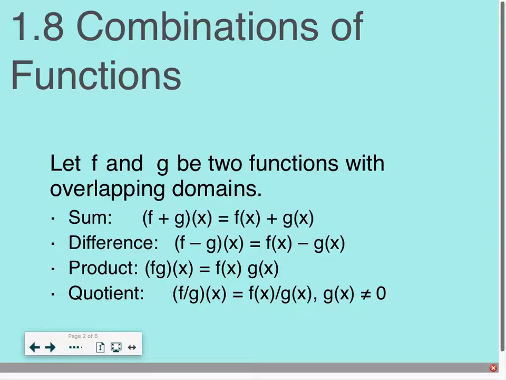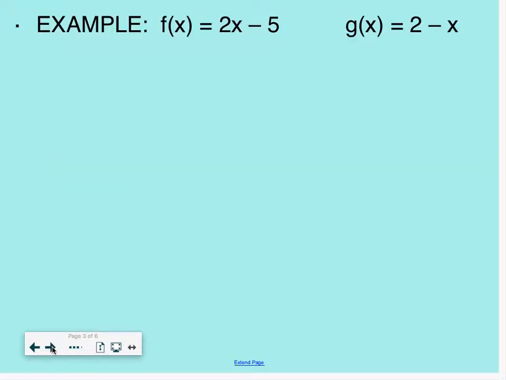Okay. So what I want you to do is, at the very least, write down these 2 functions for me. As you write them down, consider what type of functions these are.